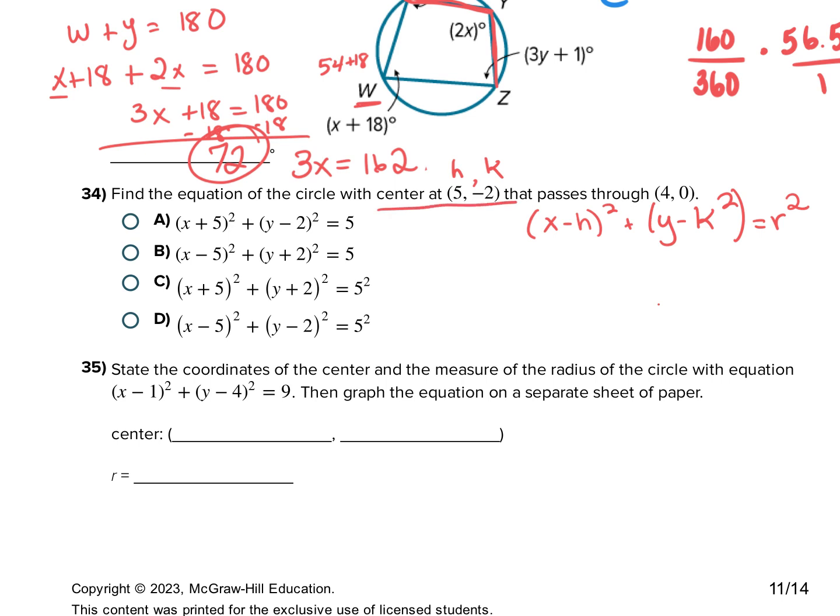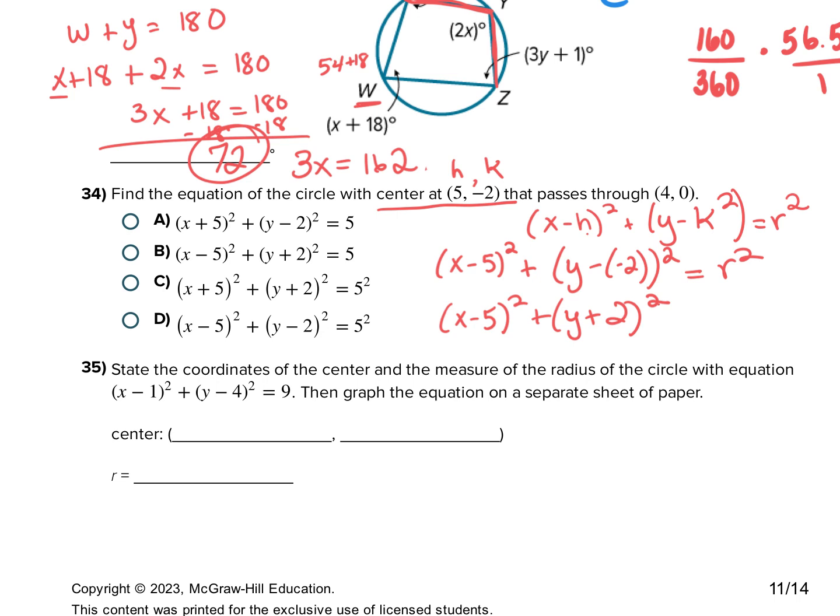Okay, so I'm just going to plug in 5 for h, so it's going to be x minus 5. Oops, that's not where I need the extra parentheses. x minus 5 squared plus y minus a negative 2 squared, and two negatives are going to give me a positive. So I'm going to end up with y plus 2 squared.